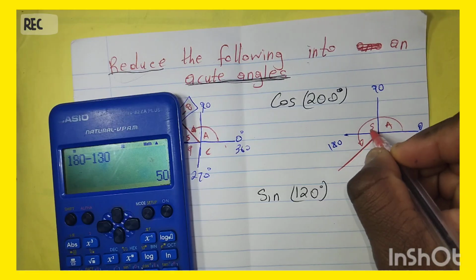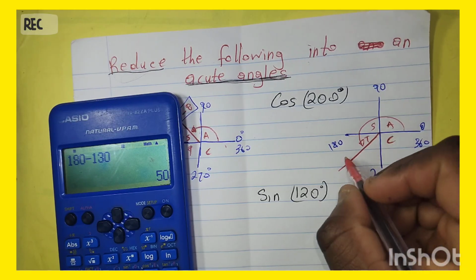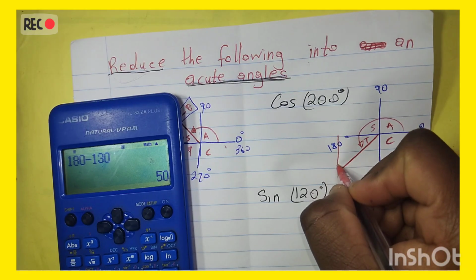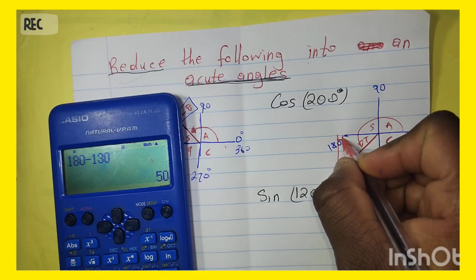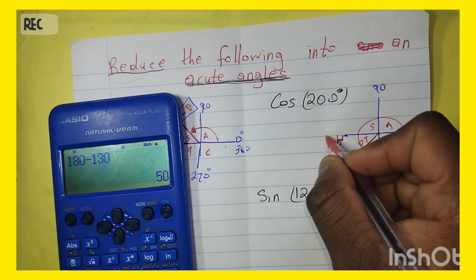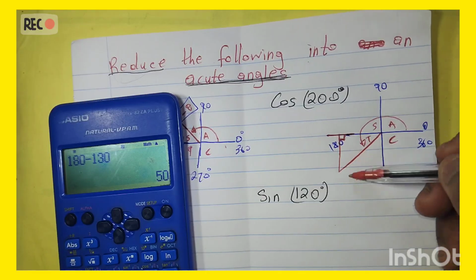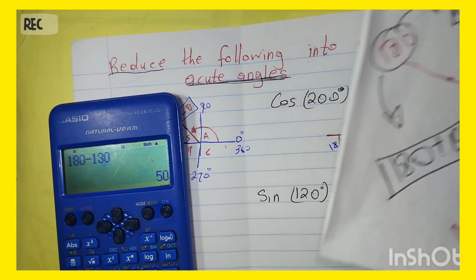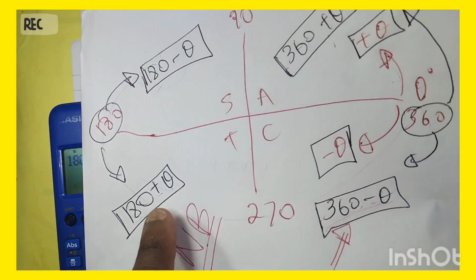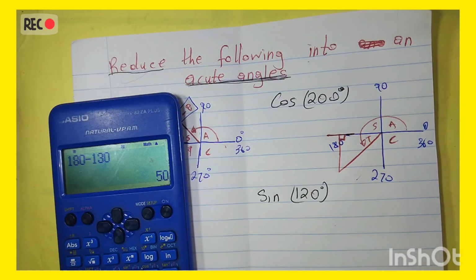So, All Students Take Coffee. For me to draw my triangle, I will join it with the x-axis. And the position, guys, on this quadrant, here's our position. On the third quadrant, it's 180 plus.